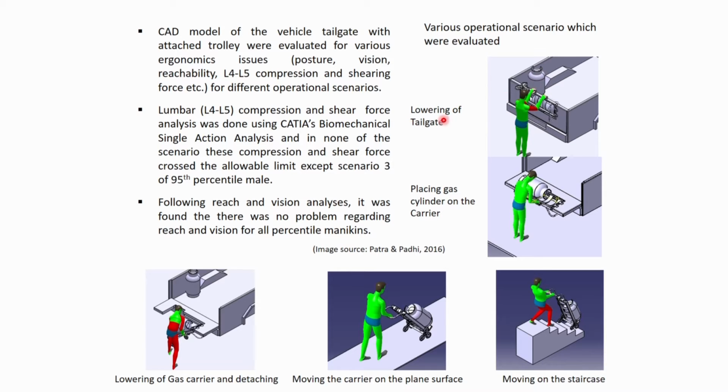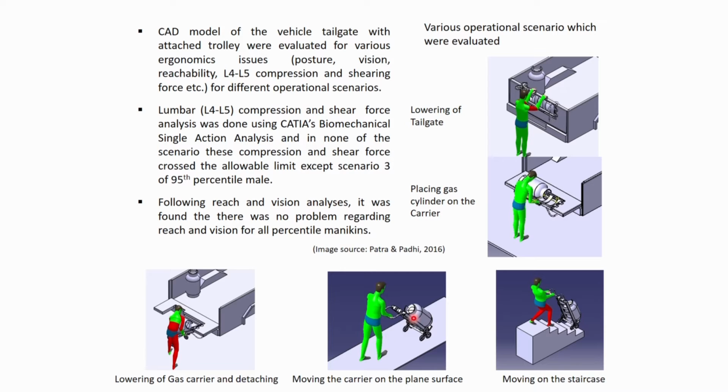So first, lowering of the tailgate. Next, putting the cylinder on the tailgate by rolling it. Then lowering the gas carrier trolley and detaching it. After that, moving the carrier on the plane surface. Then it may be moving the carrier on the stairs.